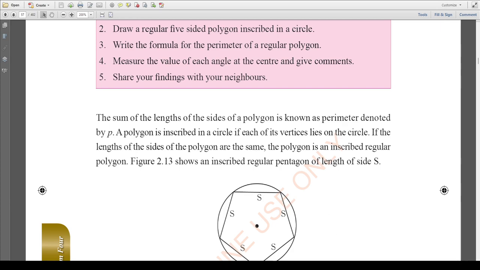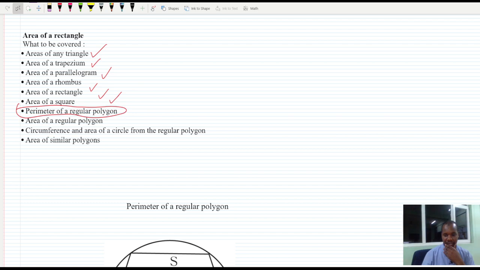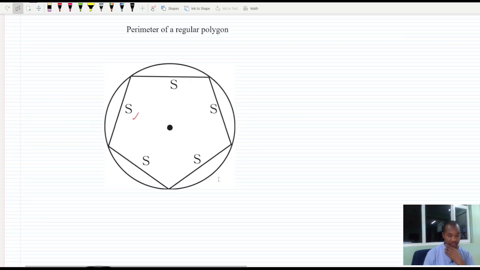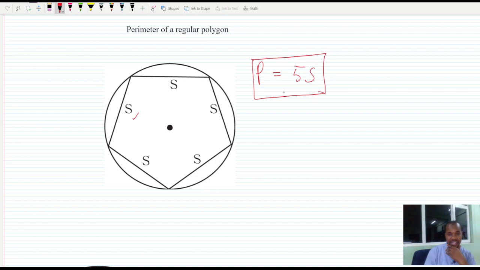For example, in the figure we have here, you can count the number of sides, and we would say that perimeter equals 5s, because one side is s units.